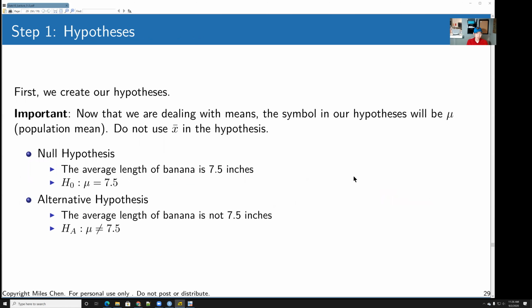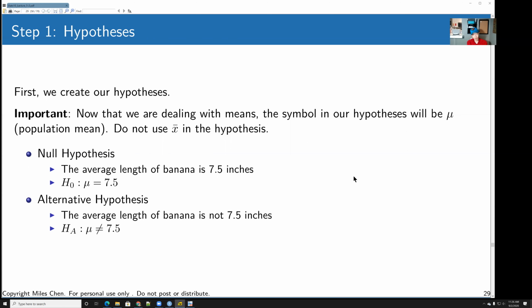All right, so we're gonna set up our hypotheses. When we create hypotheses, they're always about the population. When you're dealing with proportions, it was always about the population proportion P, not the sample proportion P hat.